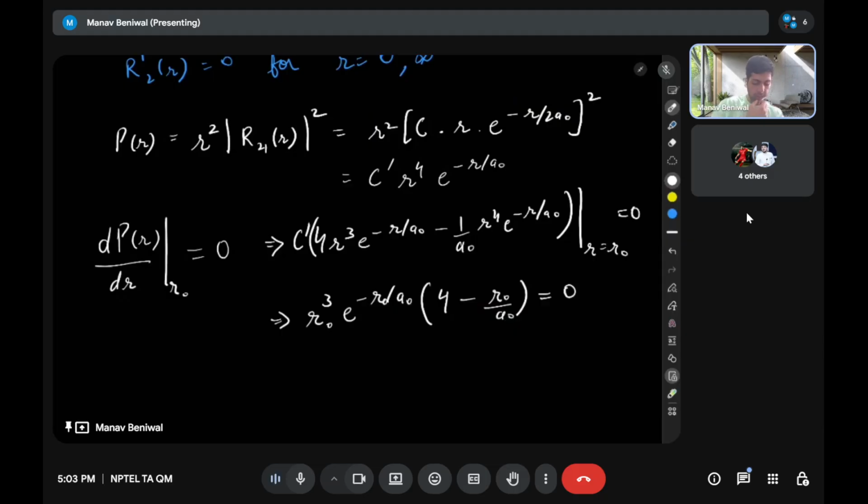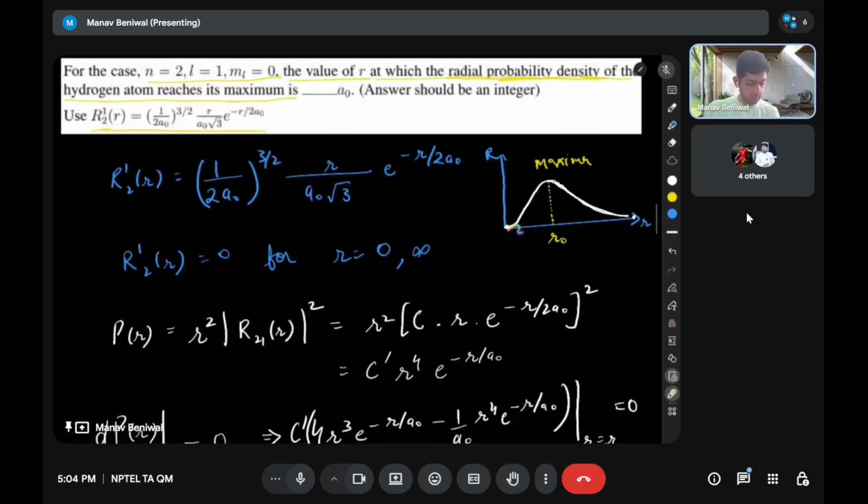Note that we can have r naught going to 0. That will give us one solution, the first term. If this is 0, then our derivative becomes 0. If this is 0, again our derivative becomes 0. But we have already considered these 2 points, so 0 and infinity are these 2 points.